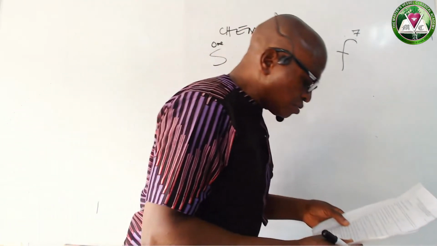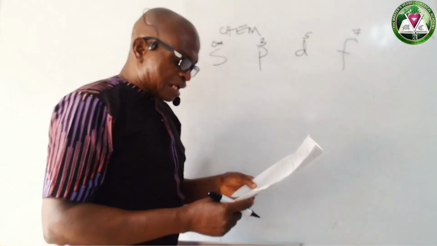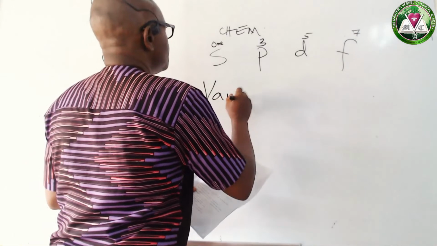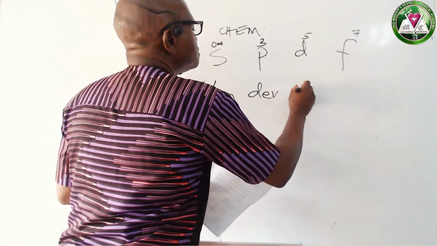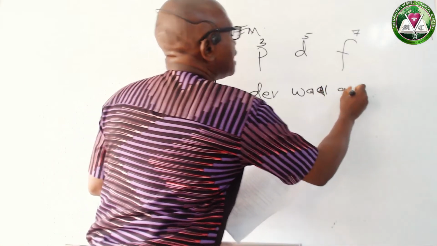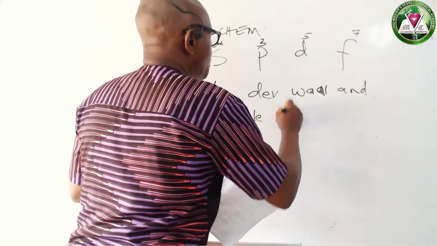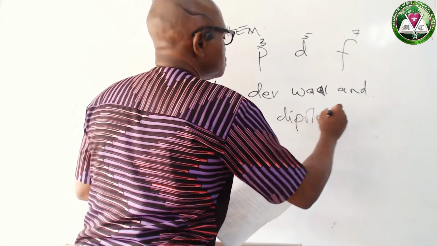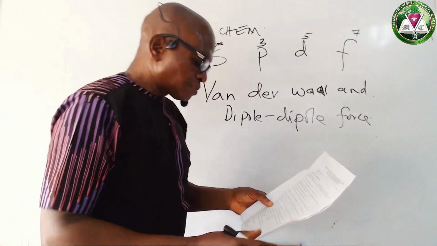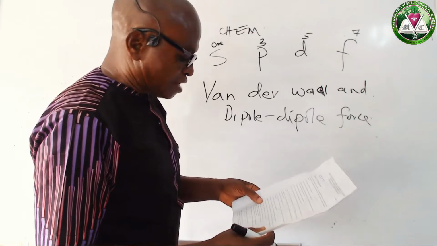Two of the forces that keep molecules of a gas together are van der Waals force and dipole force. These are the 2 attractive forces that hold the molecules of a gas together.